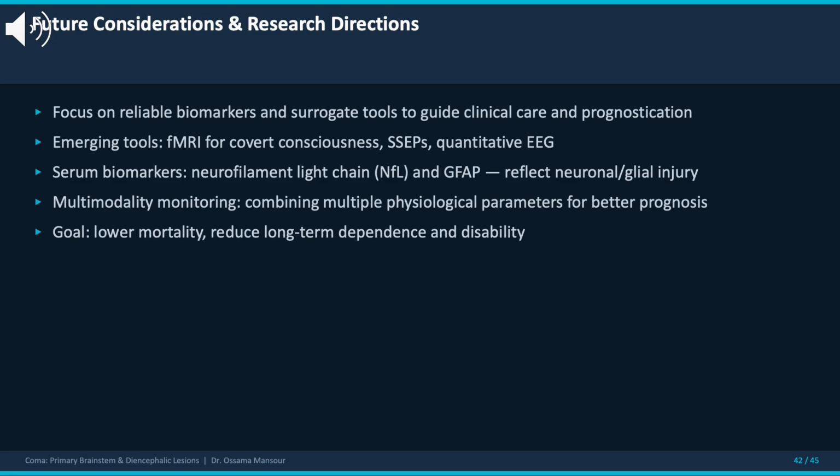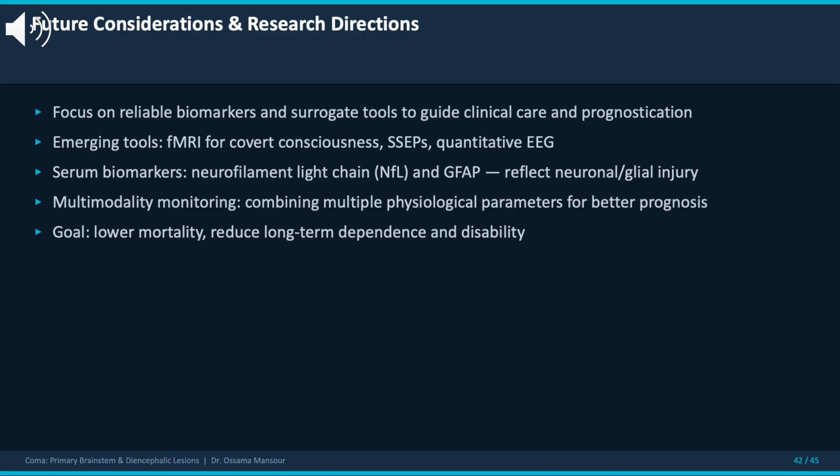Looking toward the future, research efforts are currently intensely focused on finding reliable tools and biomarkers that can guide clinical care and improve prognostic accuracy in comatose patients. This would, in turn, aid in identifying specific therapeutic targets and interventions that could improve outcomes in this vulnerable population.